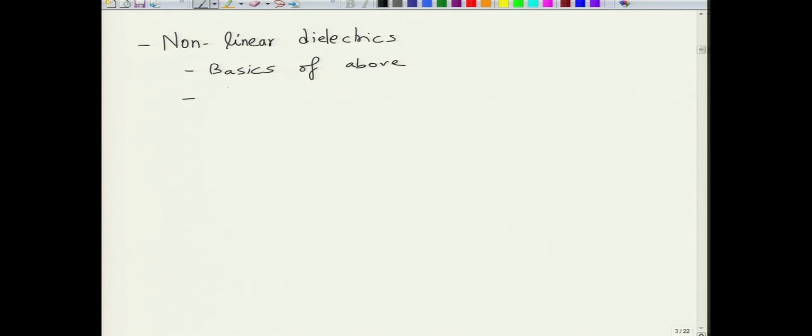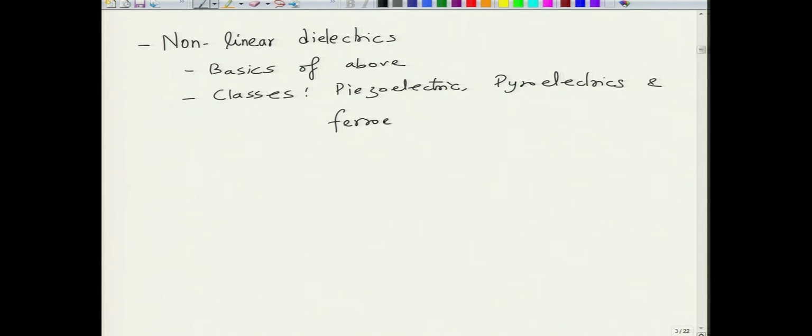Then we will look at the classes of materials. We will discuss each of them. So we will start from piezoelectrics, then we will go to pyroelectrics, and then we will look at finally ferroelectrics. All these 3 materials are technologically extremely important, and that is why it is important to understand the fundamentals of these materials, the classes of these materials.